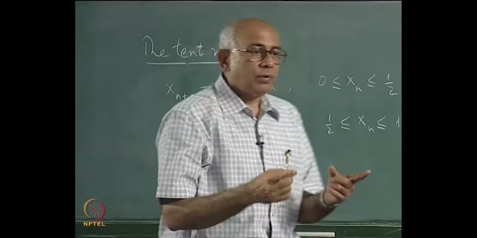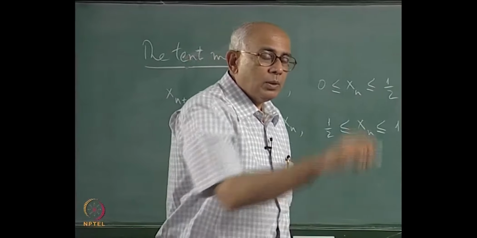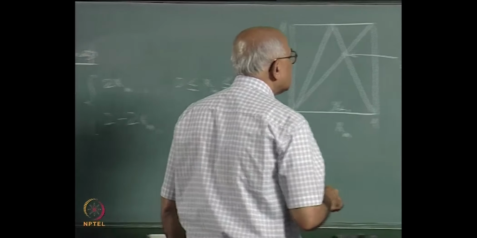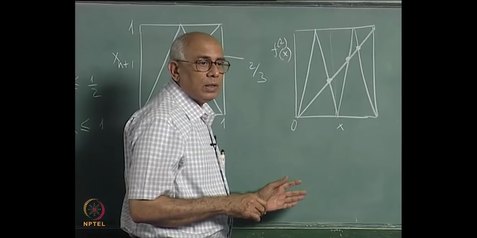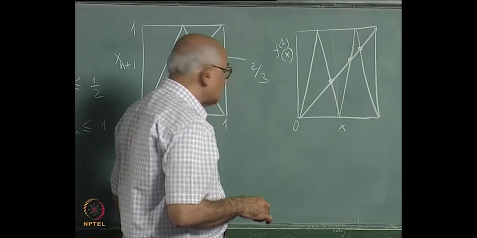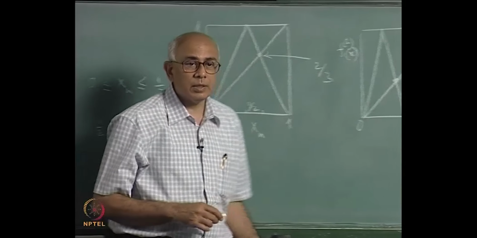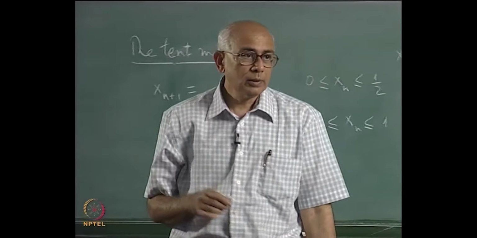As you take further and further iterates of this map, you have many more spikes up and down, and the slope at every one of those points is greater than 1 in magnitude, and therefore not only the fixed points of this map but also all the periodic orbits of this map are unstable periodic orbits.